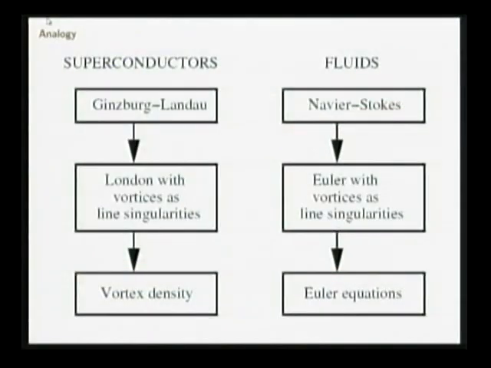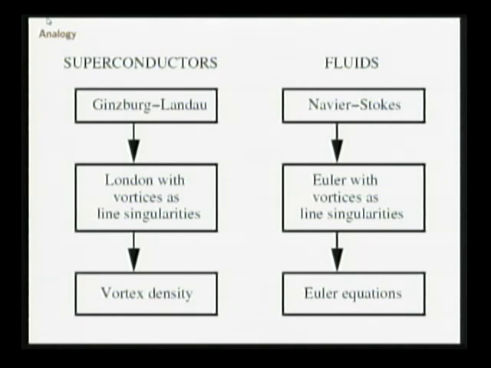With fluids, you have to work a little bit harder to work out how you're going to regularize this vortex core, and it depends what you want to do. You can either have a little patch of vorticity, or you could do full Navier-Stokes and say, well, the velocity gradients are so large that I've got to worry about viscosity in the core. And then on the fluid side, it's very natural that you think of line vortices as being an approximation to a distributed vorticity, and you have the Euler equations.